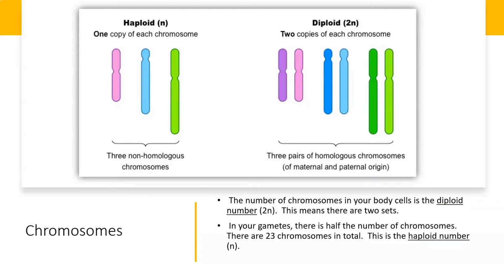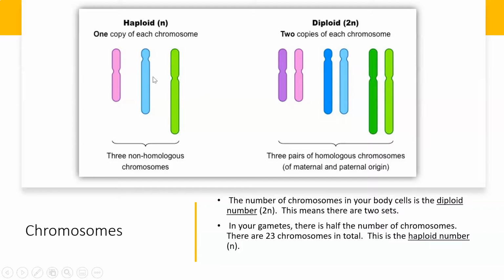So diploid, D2, would be a full set of chromosomes there. Here in our gamete, we've got half the number, so that haploid number. The haploid number is quite often called N, and the diploid number is 2N.